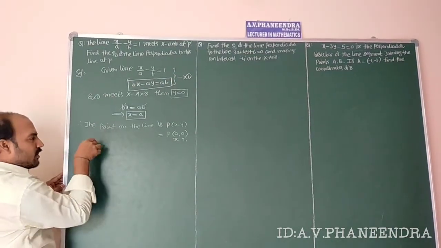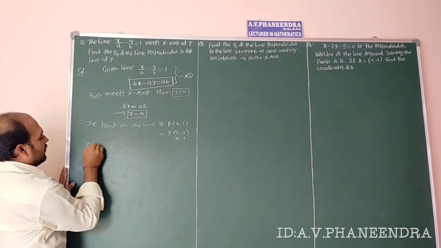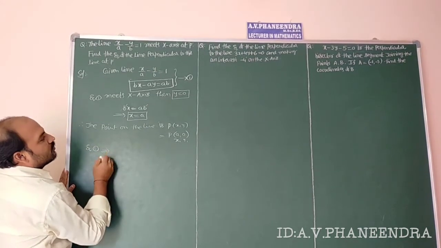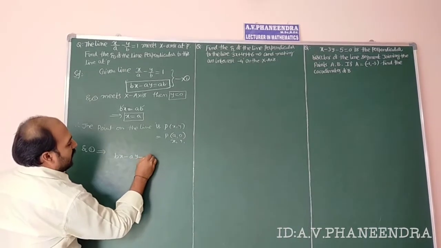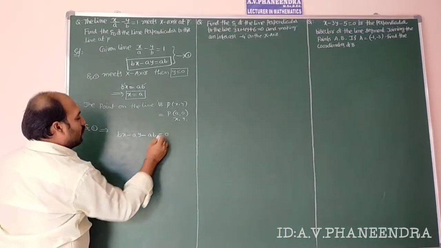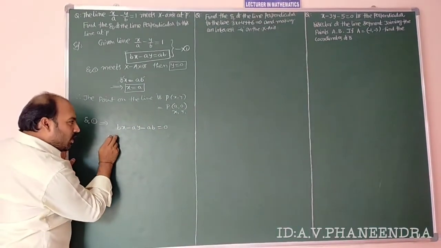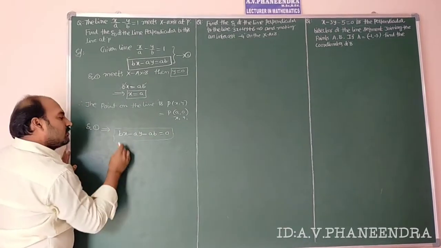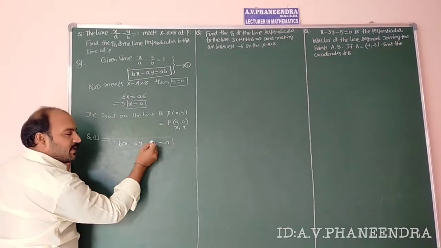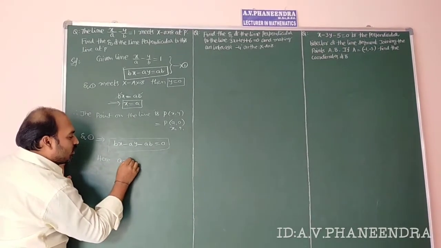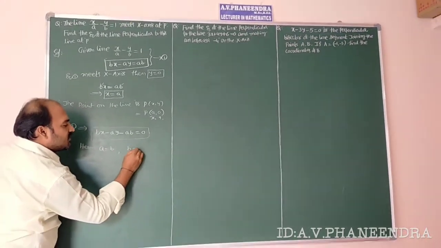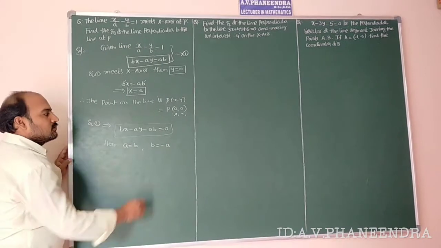So equation 1 we rewrite as bx minus ay minus ab is equal to 0. This equation you have to compare with ax plus by plus c. So here a is equal to b and b is equal to minus a.